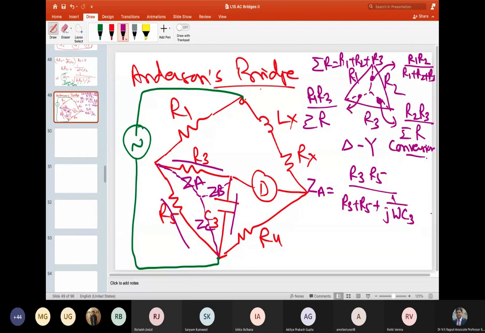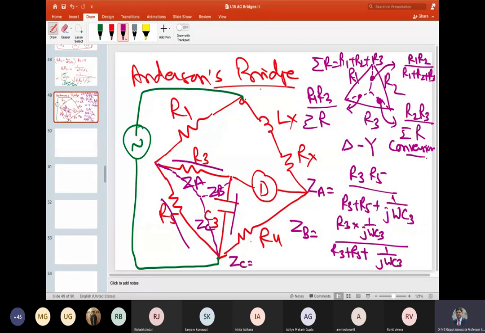Similarly, you can write for ZB. ZB will be R3 into 1 by j omega C3 divided by the same value, R3 plus R5 plus 1 by j omega C3. And similarly, you will have ZC.